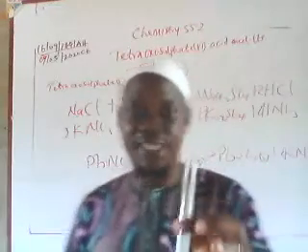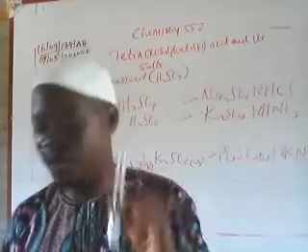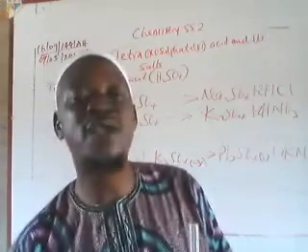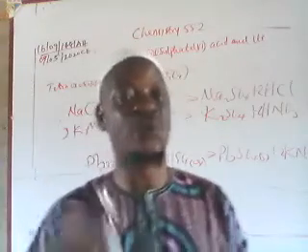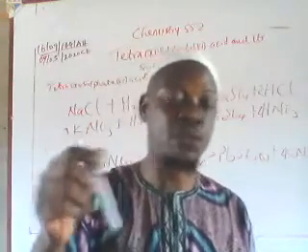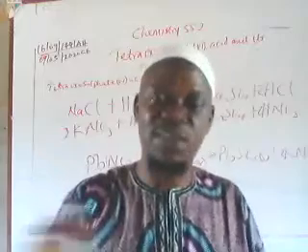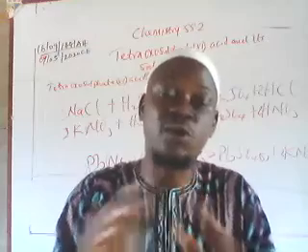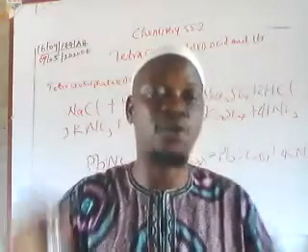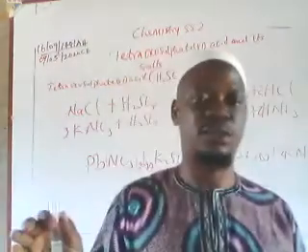Now, let me quickly add this before we come to the end of today's class. You may be required to add a mixture of barium chloride and hydrochloric acid to a sample solution. If you get a white precipitate, it shows clearly that the solution contains tetraoxosulfate 6 ion, confirmed.